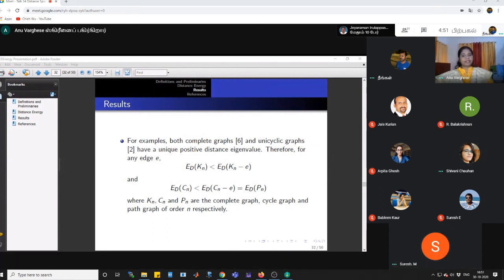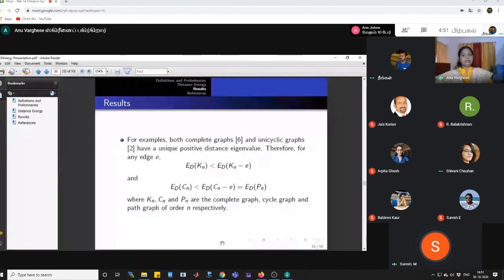Ma'am, I'm saying that if we are adding an edge, we can have an energy increase or energy decrease according to that graph. For some graphs, energy will increase. For some graphs, energy will decrease. I have shown an example, the last example.